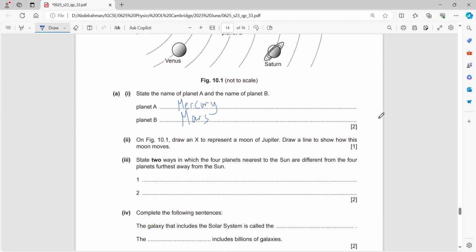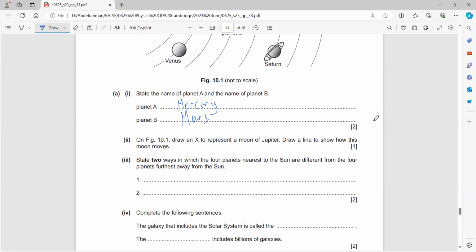State two ways in which the four planets nearest to the sun are different from the four planets furthest away from the sun. They have high temperatures. Okay, what else? No water.